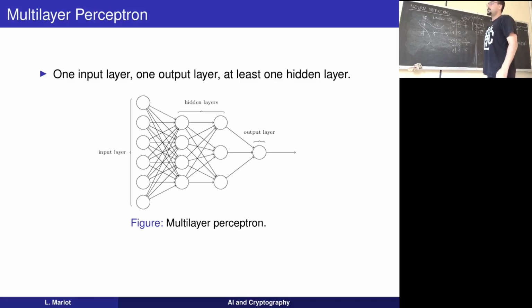With the backpropagation algorithm, the idea is that we start from the input layer and we propagate the input of a training example. We compute the corresponding output in the output layer, and then we compute the error on the output layer using this delta rule.